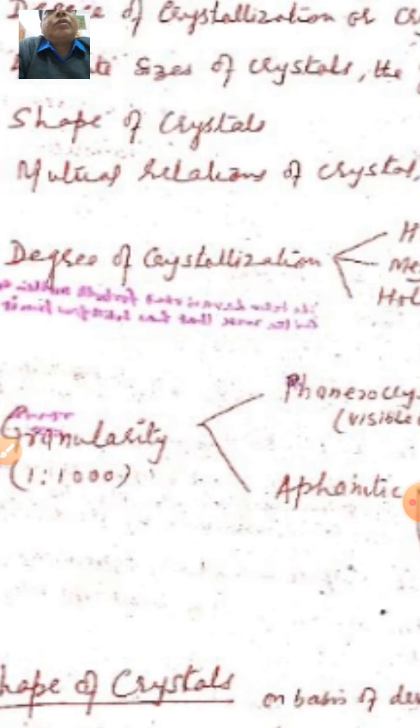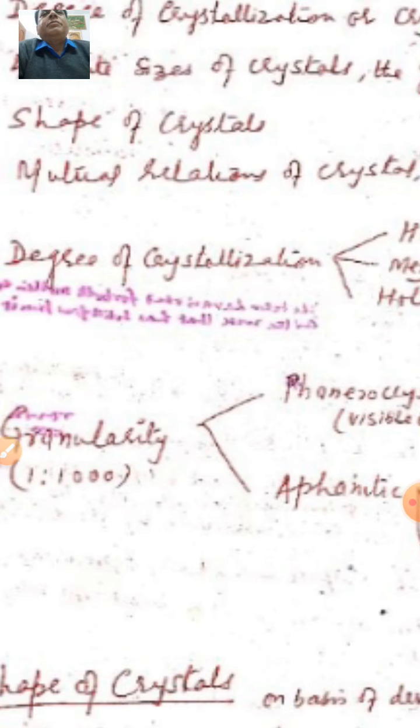These three depend upon the rate of cooling and the viscosity of the magma. Means at what rate the magma is cooling. If there is slow cooling, there will be formation of crystals. Similarly, viscosity of the magma is mainly controlled by the SiO2 content. So if a magma has less SiO2 content, naturally it has less viscosity, or more fluidity.